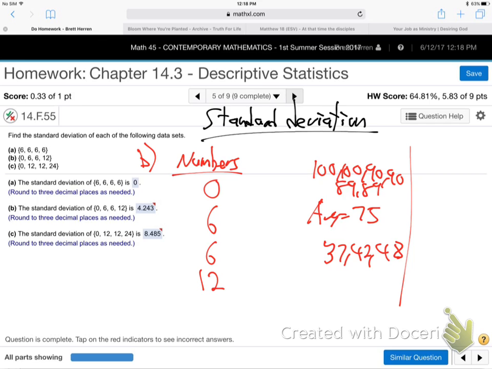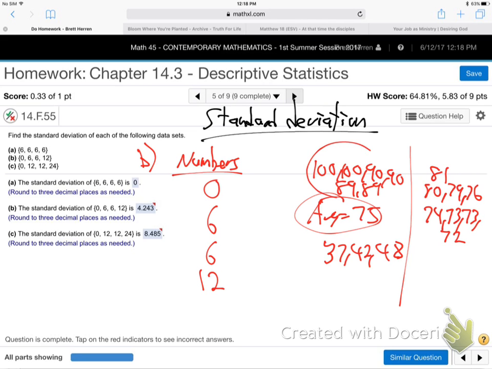Or maybe there was a whole bunch of 80s and 79s and 76s, 81s, and some 74s and 73s and maybe a 72, and the average came out to be 75. See the difference in those 2 data sets? They both have the same middle, average 75.